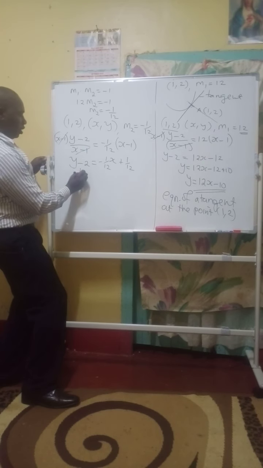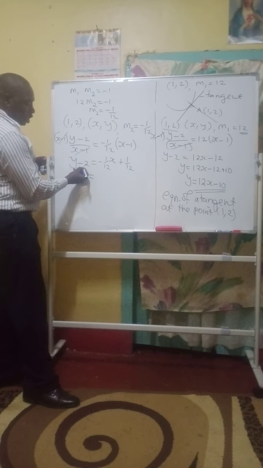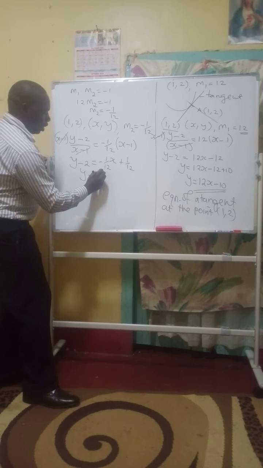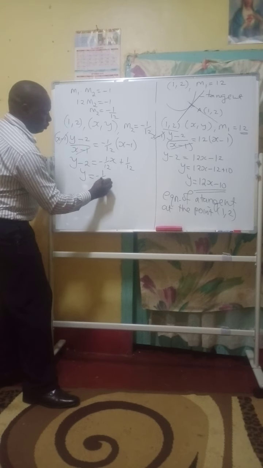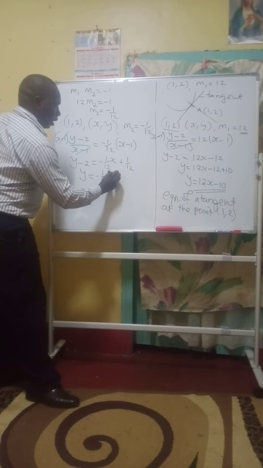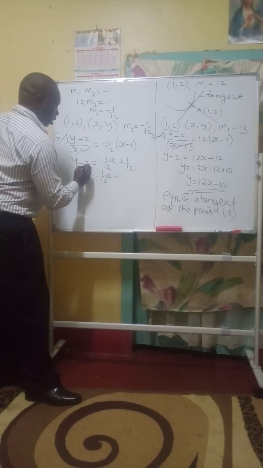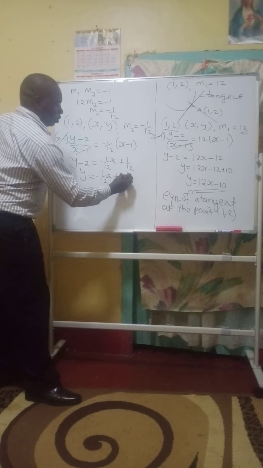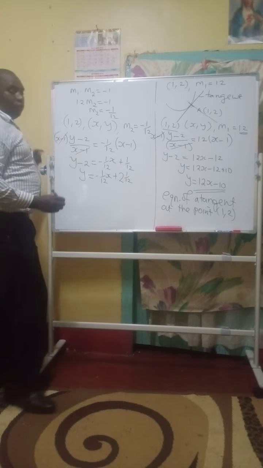Then we can simplify this as follows. We take this -2 to the other side so that we are left with y equals -1/12 x plus 2 plus 1/12.